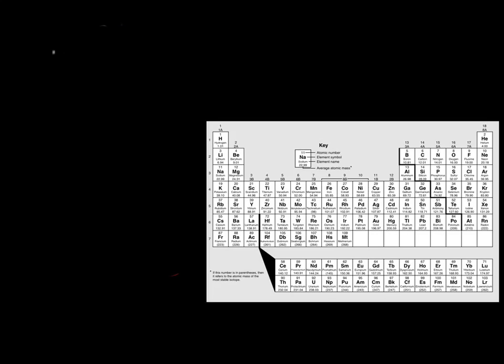Let's say I wanted to write the electron configuration for sodium. So sodium is 1s2, 2s2, 2p6, 3s1. This is the long form, normal. If we wanted to write the abbreviated version, we go back and find the nearest noble gas before sodium. Sodium is element number 11.